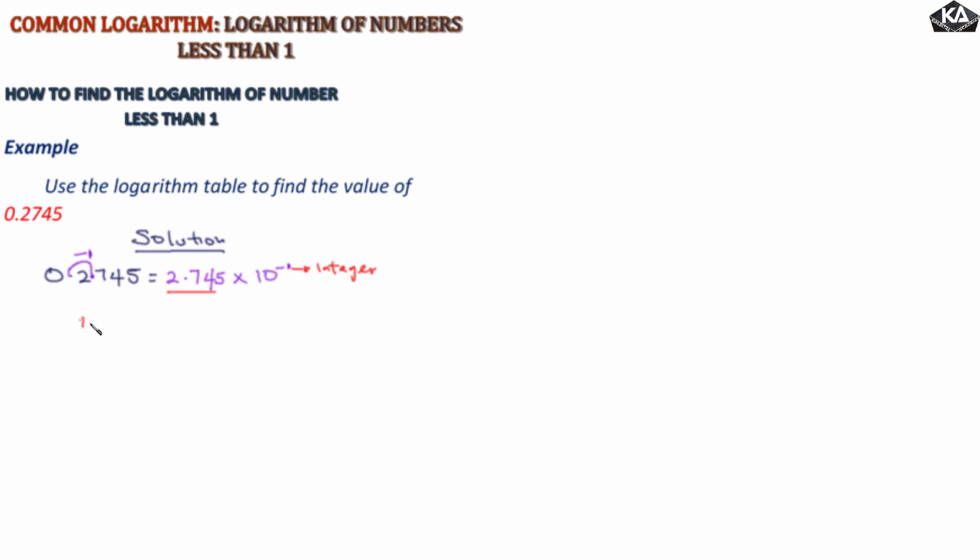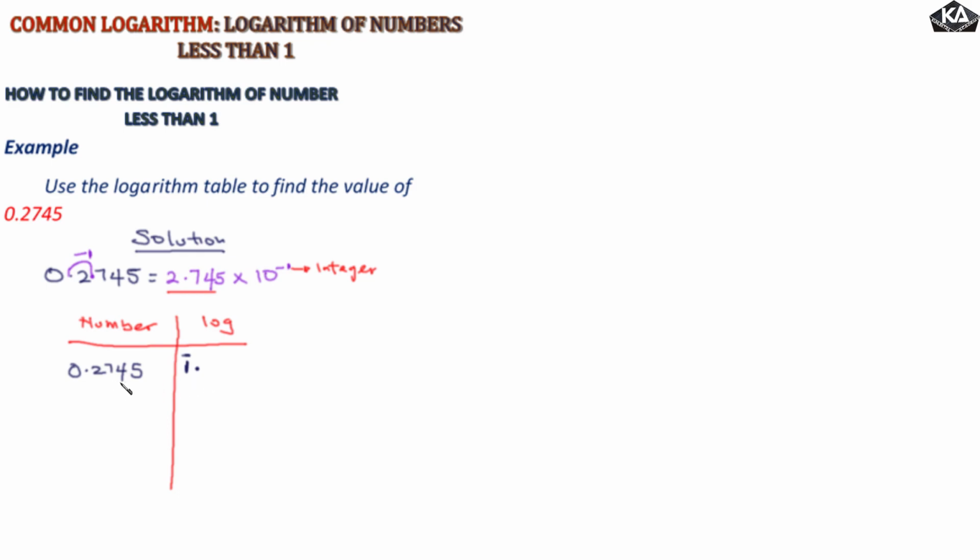Now you draw your line. Let's call this column log. Now you bring down this value, 0.2745. That's the number. Now the first thing you write is the integer. This is -1. Here we call it bar 1 point.